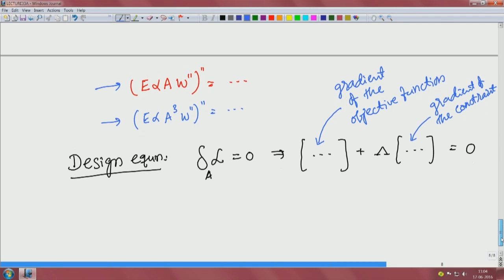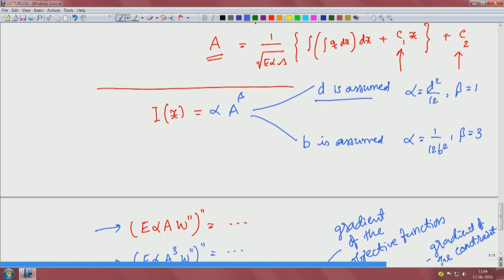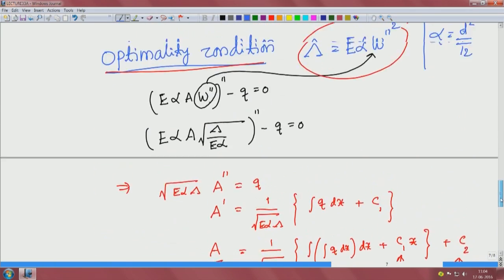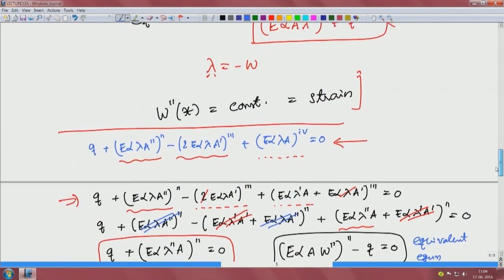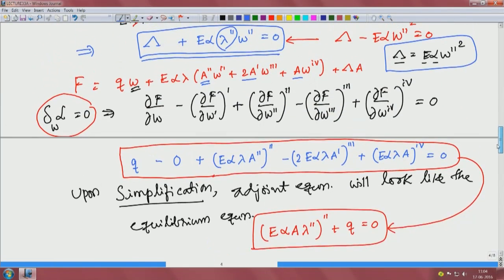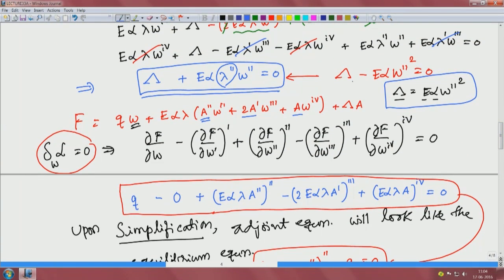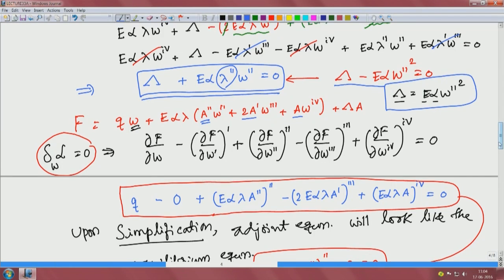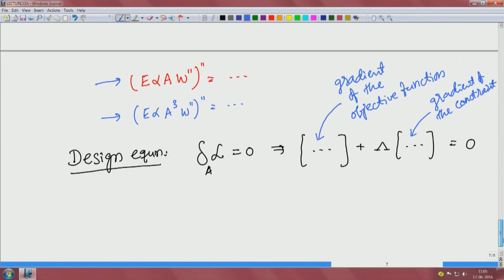If we go back and look at the case when D was assumed, our design equation looked like this: lambda minus E alpha W double prime square equal to 0. If I now plug that in here for that problem, this is E alpha W double prime square with a minus sign, and this is 1, right.